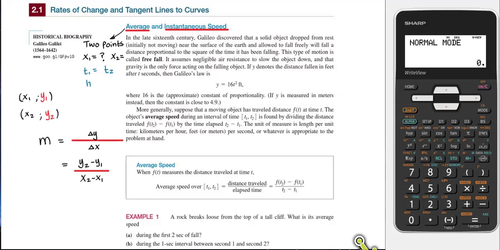If you use this equation on a straight line graph, we call it the gradient, not average. It is the gradient of a straight line.